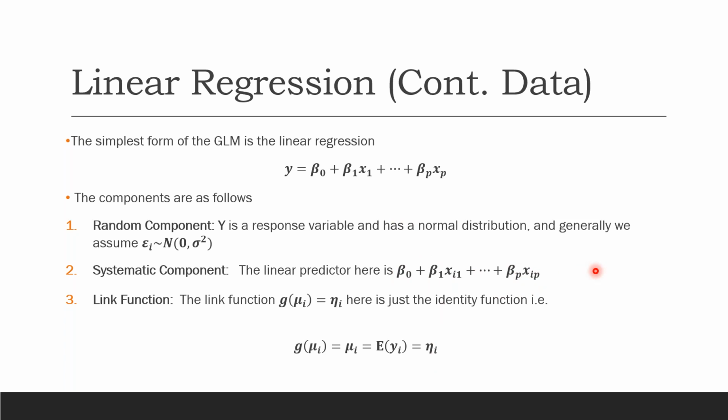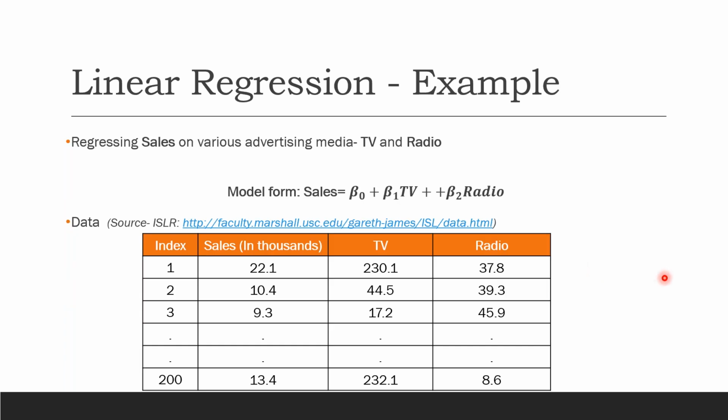So let us look at an example for the linear regression. Suppose we want to model sales. We have two predictor variables, TV and radio. TV is the advertising spend on television, and radio is the advertising spend on radio.